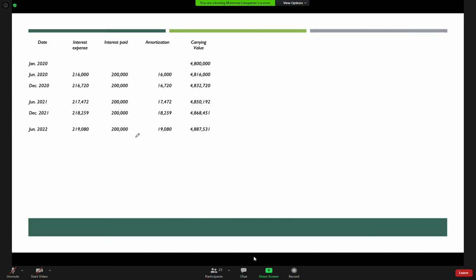Kapag binibigyan kayo ng problem, pag nag-quiz kayo or nagsisit work, nagtitest, usually, ang tinatanong ng problem, how much is the carrying amount of the bonds payable? For example, on December 31, 2021. That is the first question. Then, second question, how much is the total interest expense on June 2022?